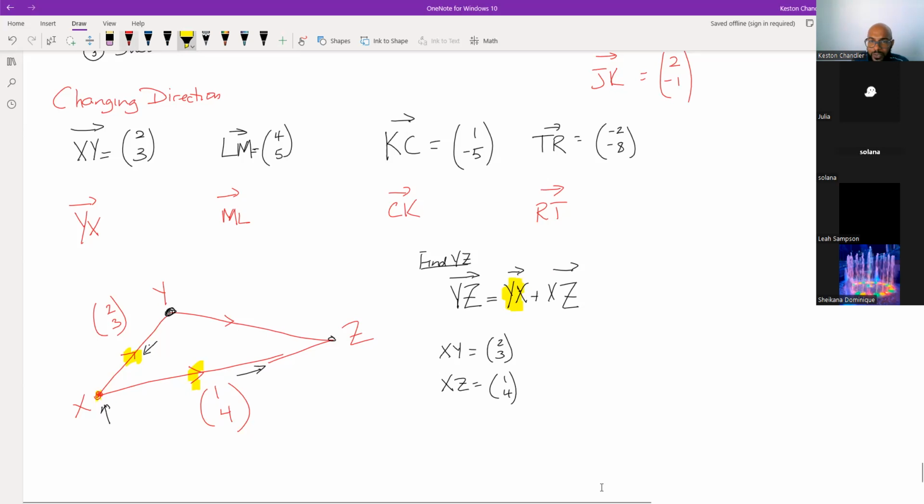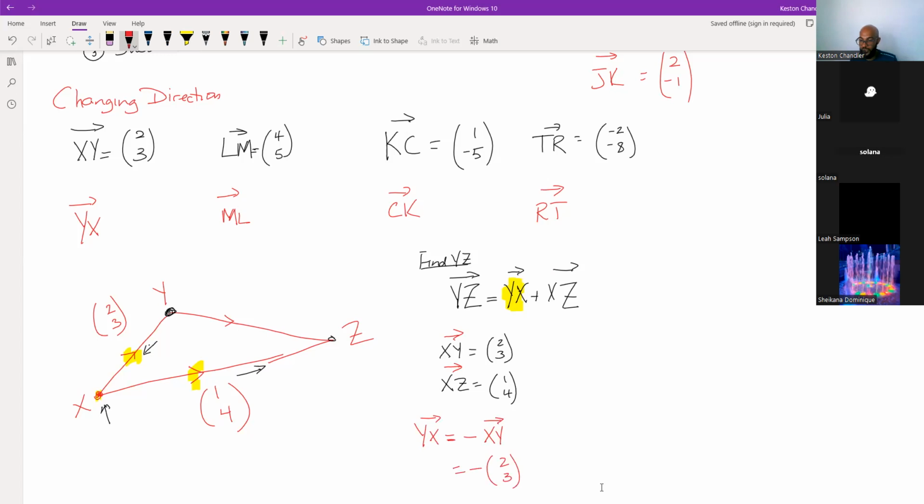So now, how am I going to do that? To get YX, we change the direction of XY. If I want to get YX, I am just going to make the entire XY negative. That's how we change the direction of a vector. So YX is equal to negative XY, so minus (2, 3).